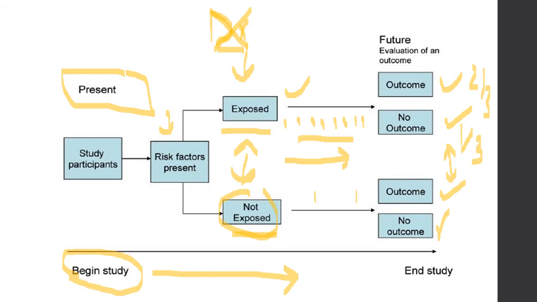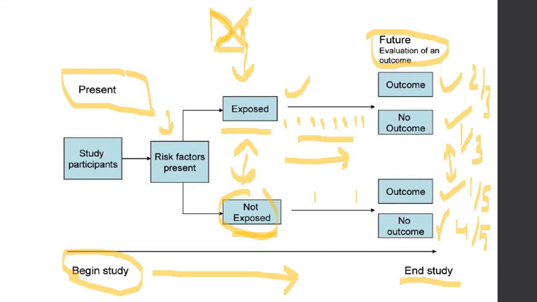Let's say those who developed the outcome are maybe 1/5 of all those who are unexposed, and the rest did not develop it. The majority did not develop it. So you come and you do your calculations, and this is the future where we are going to in a cohort study, and that is the end of the study where you're looking at the outcome.